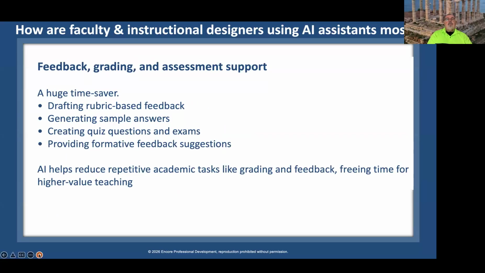Some of you are using it for feedback, grading, and assessment support, which I think has become a huge time saver, whether it's rubric-based feedback, generating sample answers, generating content for feedback for students, or quizzing tools for students to be able to use.